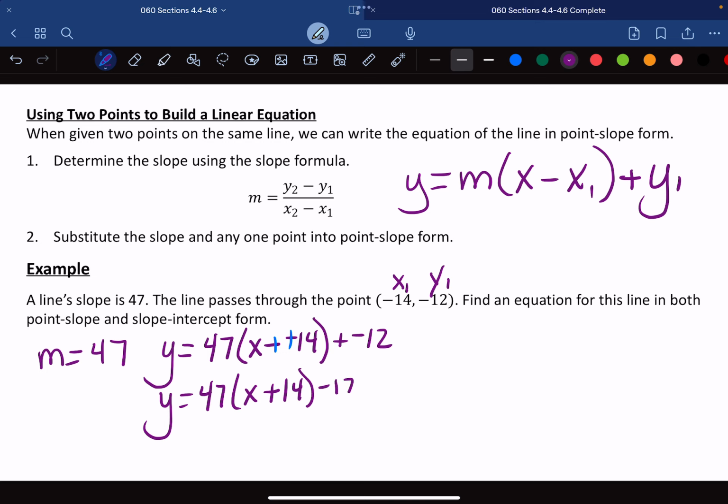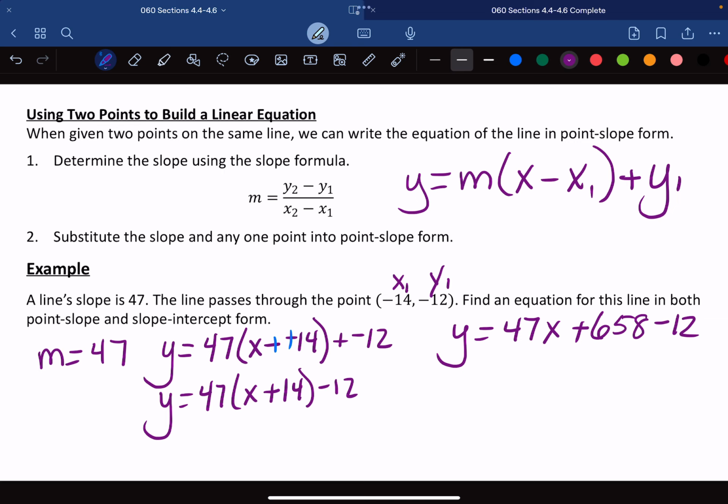It does say point-slope and slope-intercept, so we're going to do some simplifying to turn that into slope-intercept form. We're going to distribute that 4/7. 4/7 times 1/4 is 658.